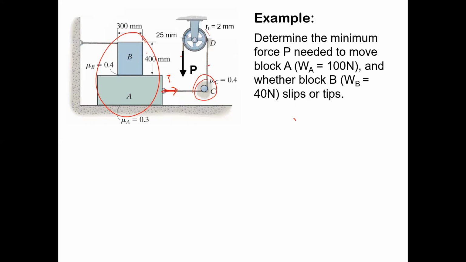It's the typical analysis with blocks: we make an assumption, and here we'll assume that it's going to slip between A and B, not tip. And if it's going to slip, that means we got to the maximum friction force.